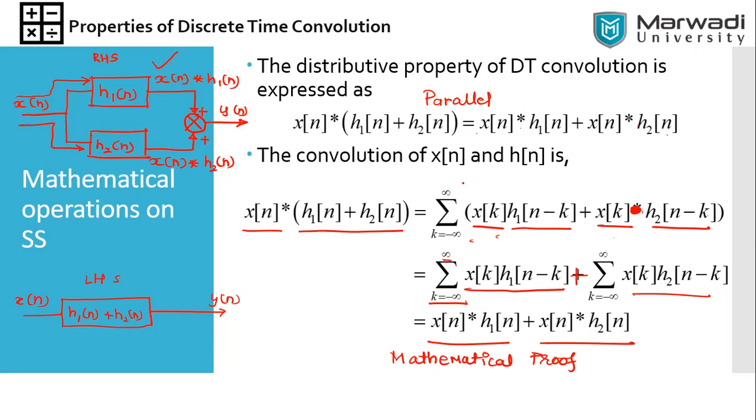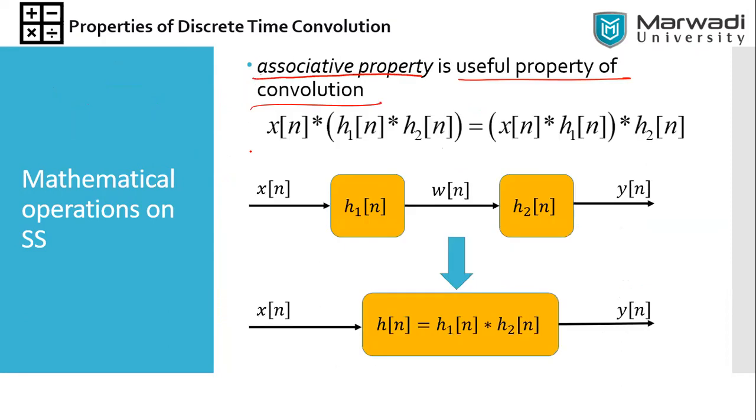Now you are aware of parallel connection and the cascade or series connection of systems, so I don't need to explain it again and again. These are two systems connected in parallel. So distributive properties are for parallel connected systems, and here there is an associative property, and this is for systems which are connected in series or cascade.